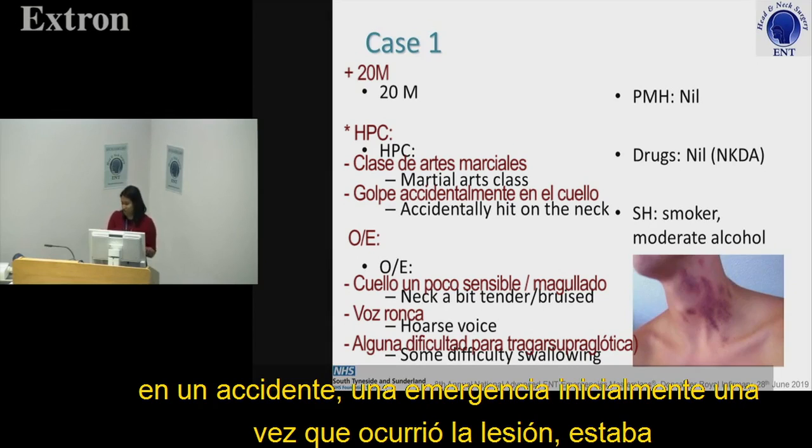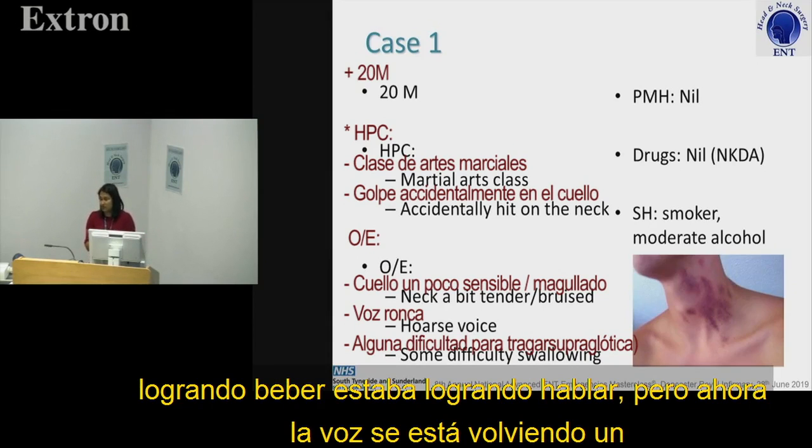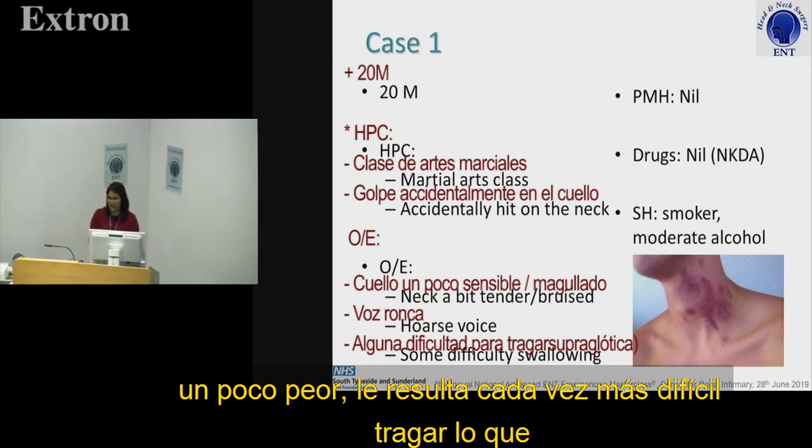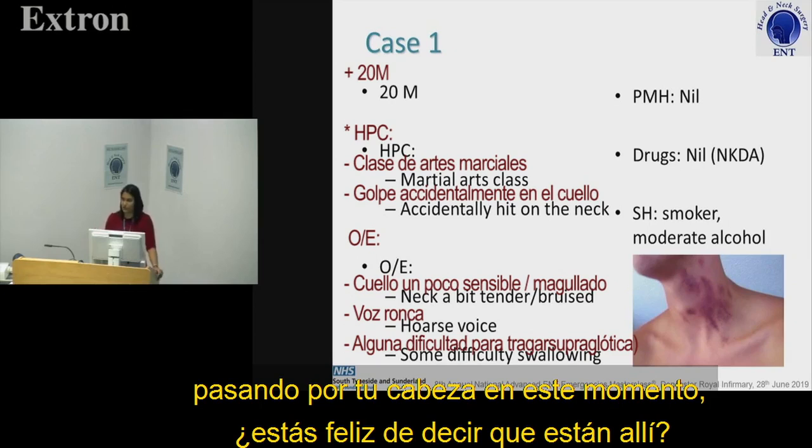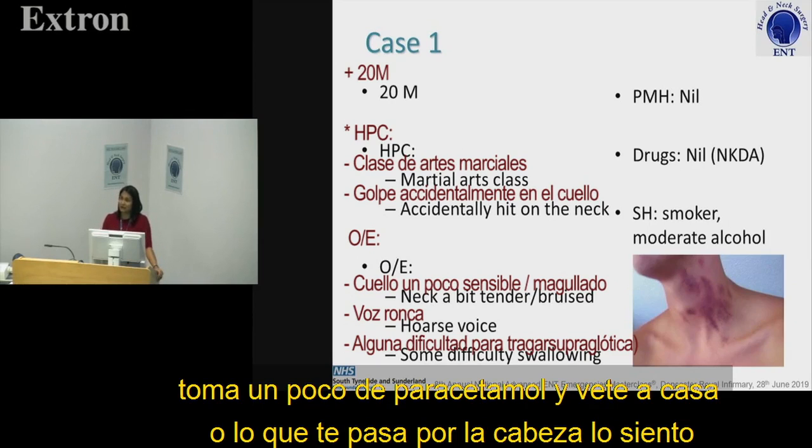Initially, once the injury happened, he was managing to drink, he was managing to talk, but now the voice is getting a little bit worse. He's finding it increasingly difficult to swallow. What's going through your head at the moment? Are you happy to just say, take some paracetamol and go home? Or what's running through your head?